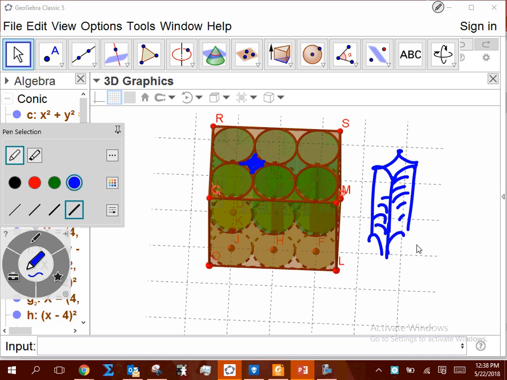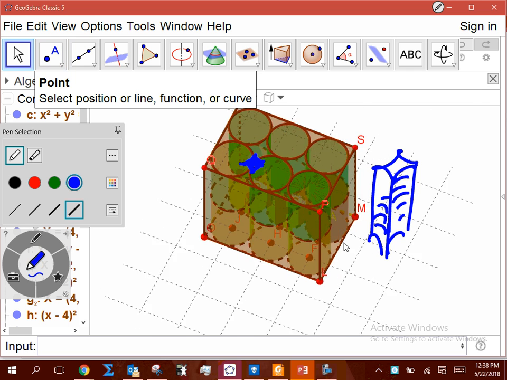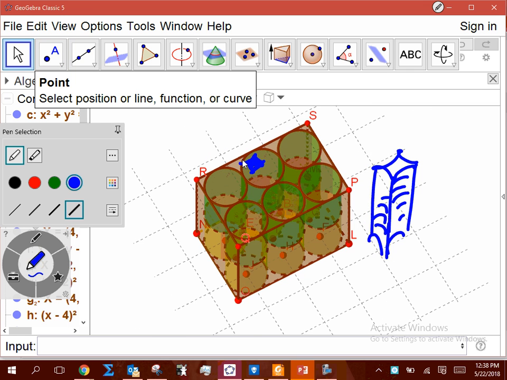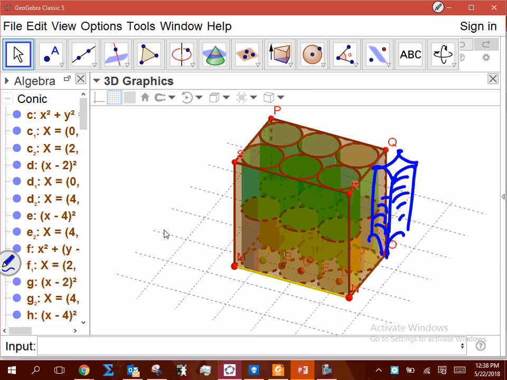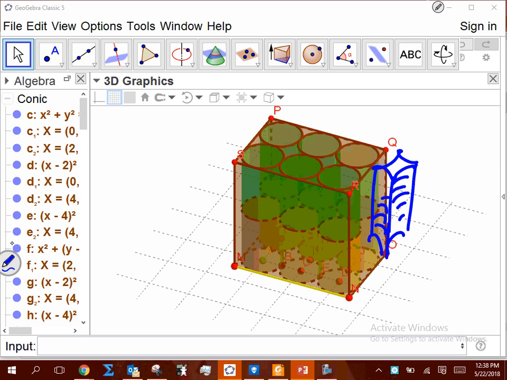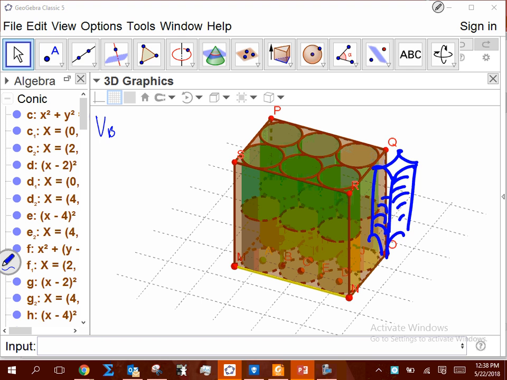I want to know how much of this vacant space, how much of this wasted volume there is. Okay? So how can I find that wasted volume? I'm going to take the volume of the box, which was 11012.107.